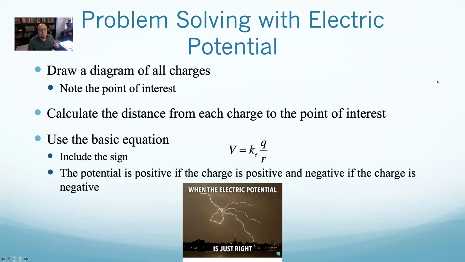If you want to solve one of these problems, you normally get a diagram of the charges. Draw it, calculate the distance to each point, and just use this equation. You can ignore what direction they're in. It's not a vector. It doesn't matter. It's just going to be k e q over r. It's the distance that matters, making this so much simpler than what we did last chapter.